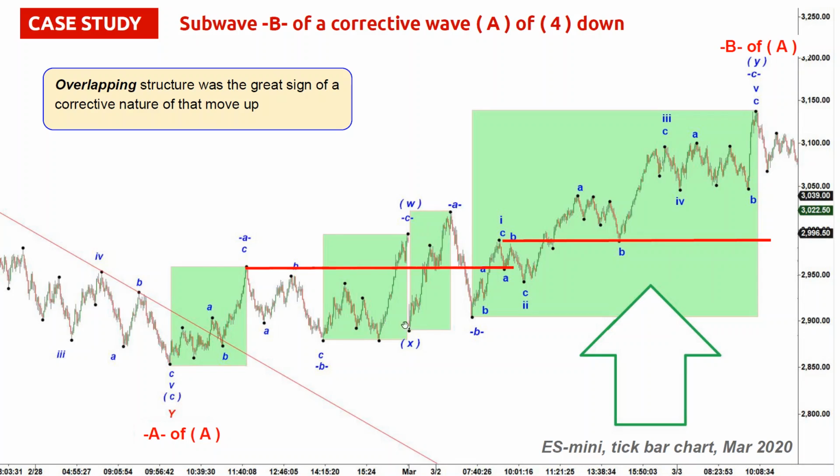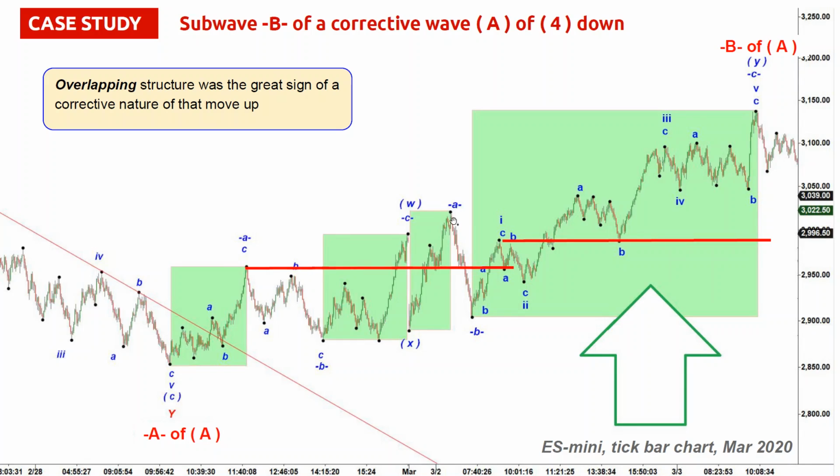Then it made another push higher, and let's assume that was 1, 2, A of 3, and even though it did not have an ABC structure, it was B of 3. From here we should be expecting a very strong rally, stronger than that one, in subwave C of 3. But in fact, it got another push higher, made a higher high, but it did not get high enough to be called C of 3, and then dropped down again.